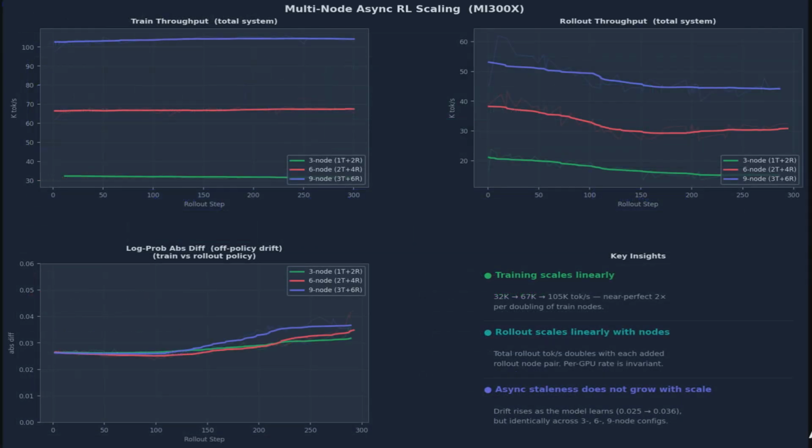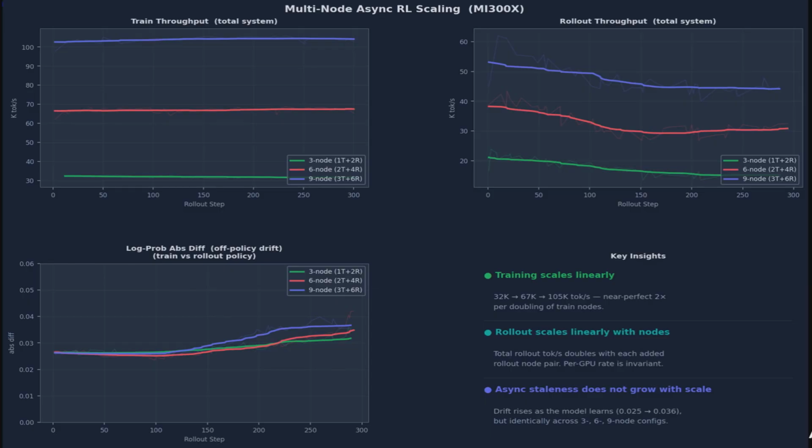So with this setup in mind, this is some experiment we are doing. We use the Qwen3 30B A3B model and run on 3 nodes, 6 nodes, and 9 nodes on MI300.